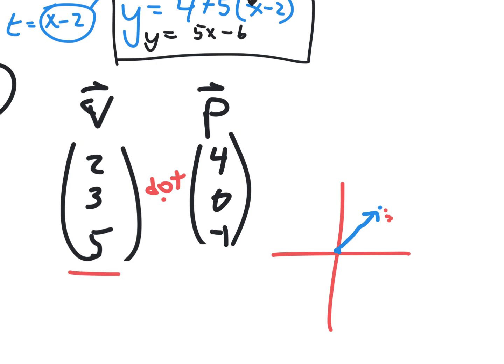And then this other one would be going, again, I could try to draw it in 3D. It's going to be really hard, but I'm just going to give you the general idea. I go over 4, up 0, and so that'd be kind of like this, except it would be heading back away from us, and it'd be an arrow like that.